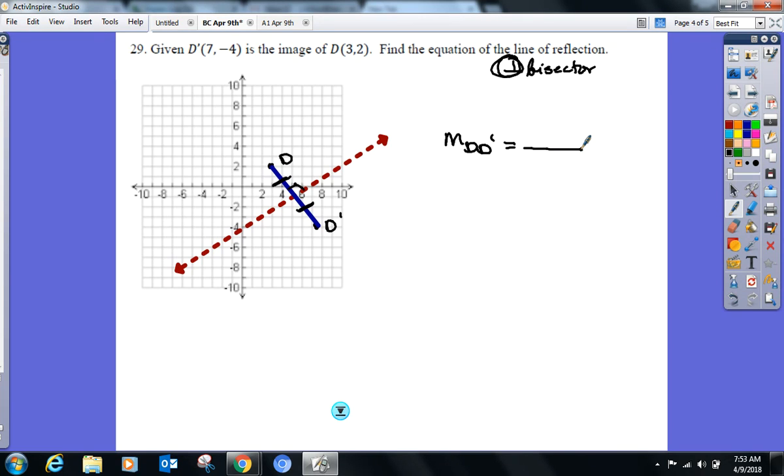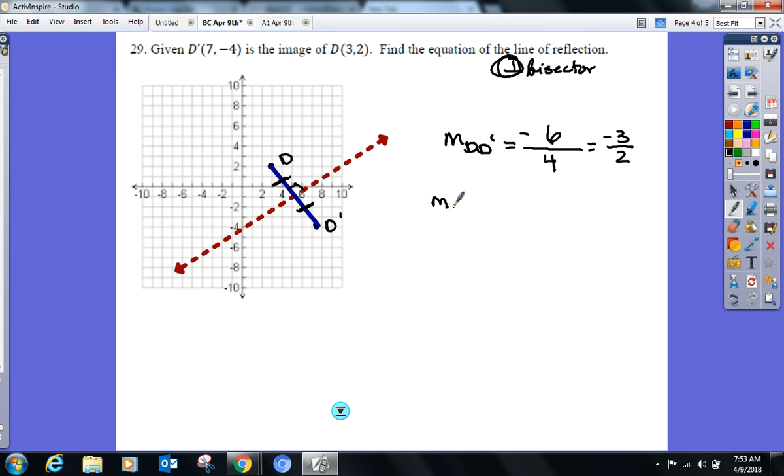On the y-axis, I'm going 6 units from -4 to 2, and on the x-axis, I'm going from 7 to 3, so 4 units. Is this a positive or negative slope? Negative, going downhill. So I'm going to say -3/2. That's just the slope of DD prime.